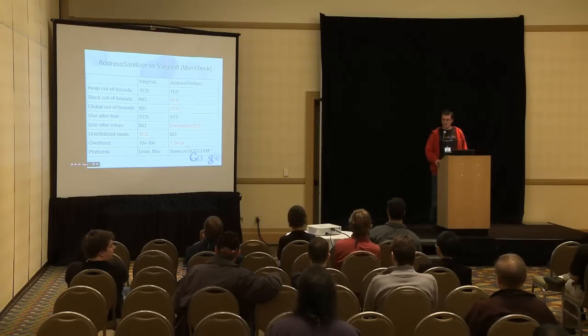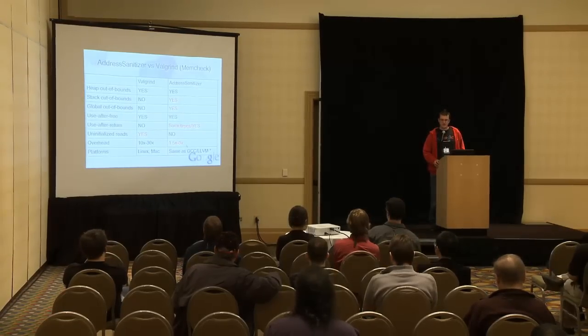A very nice feature of our tool is that it is very fast. We usually see less than 2x slowdown. Also, due to the complexity of the Valgrind implementation, it is available only on POSIX operating systems, basically Linux and Mac. AddressSanitizer is much simpler.